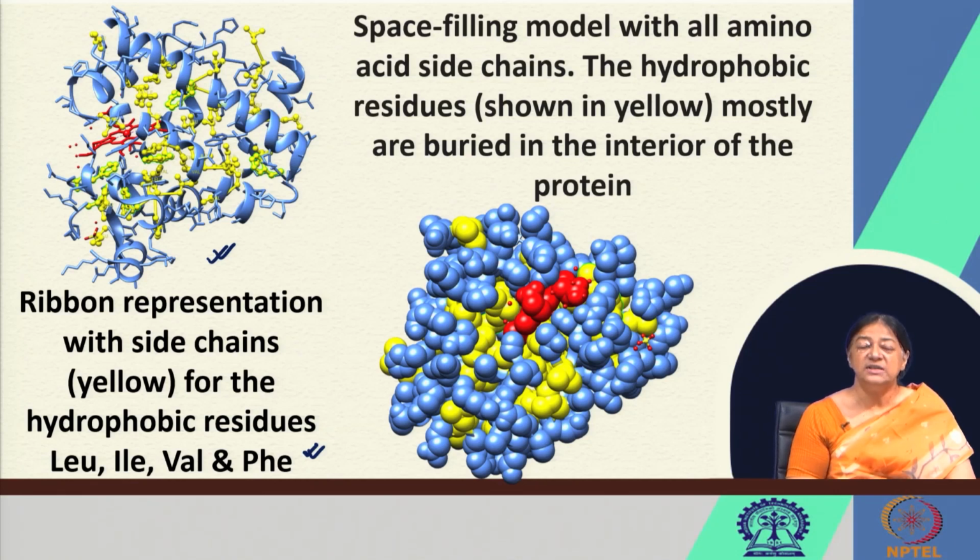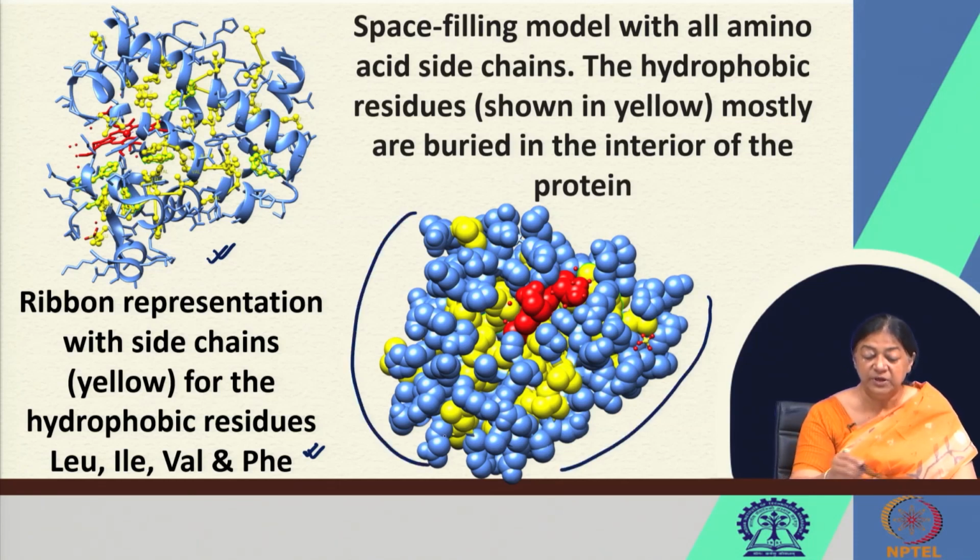Now, the question is, is this true for all types of amino acids, or rather all types of proteins? The answer is no. For a globular protein, because we have a polar solvent around it, we would preferably have hydrophilic types of amino acids on the surface. And what do we see in this space filling model?